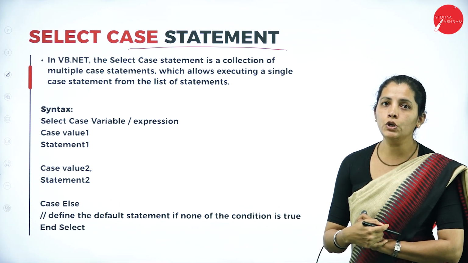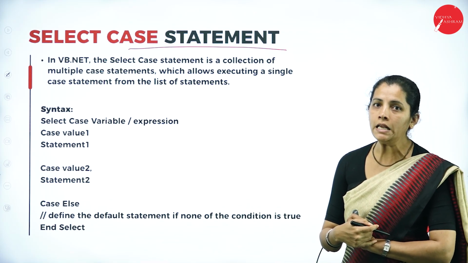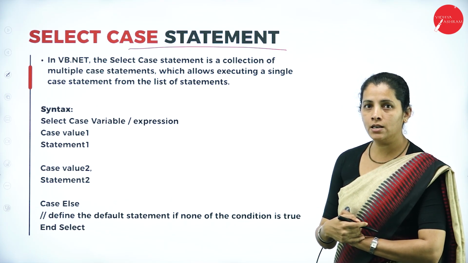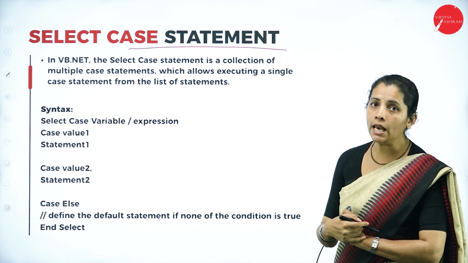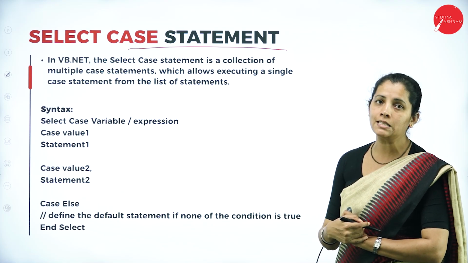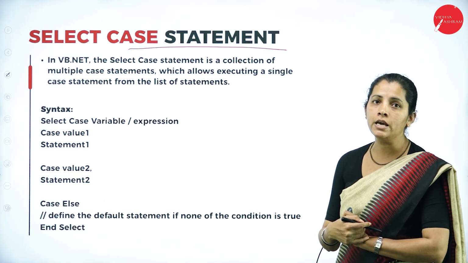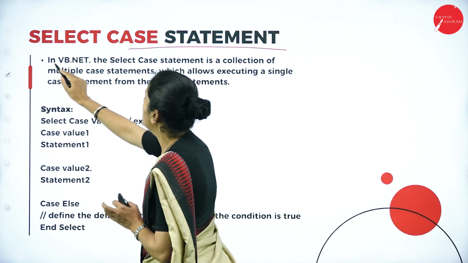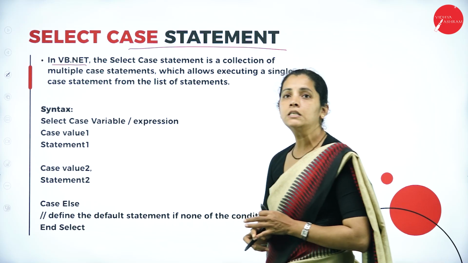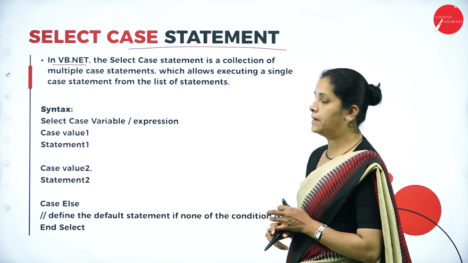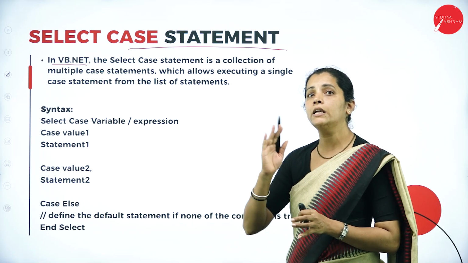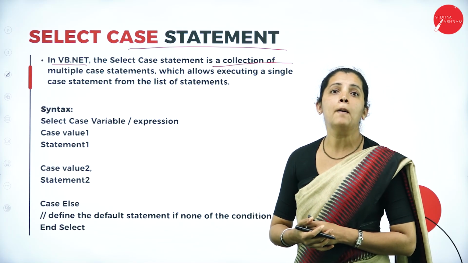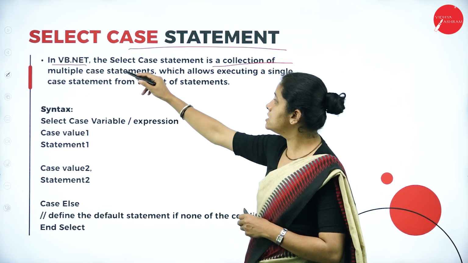It is similar to the switch statement in the C program. When I want to select among multiple options, I go with the switch statement. Here in VB, the select case statement is a collection of multiple case statements.